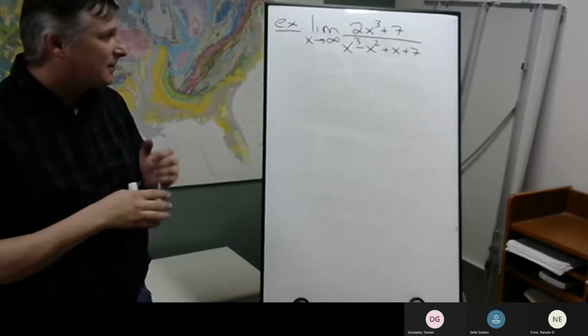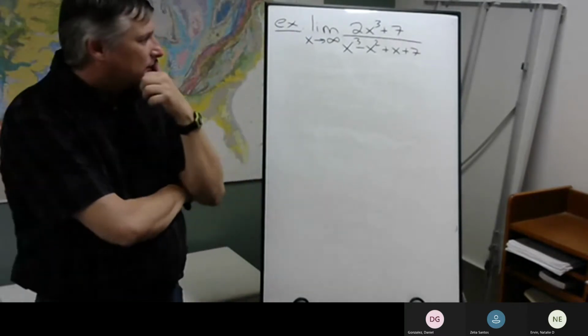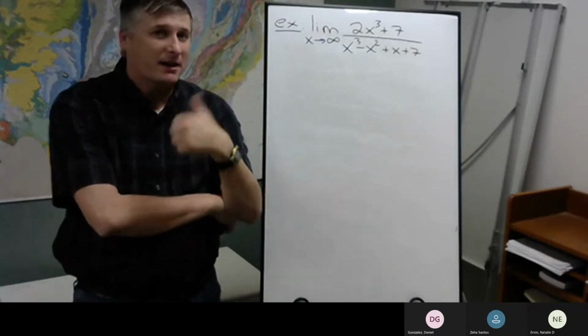So let's say we have something like this. Well, what we can do, we can divide top and bottom by the highest power of x.